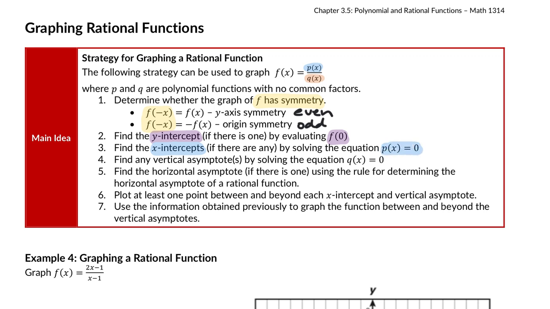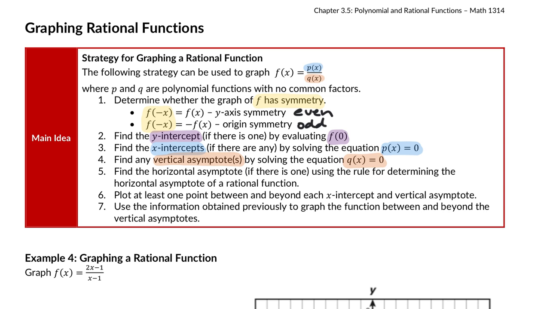Now, p of x, that's the numerator. So you're taking the numerator, setting it equal to 0, and solving for the places where the graph would cross the x-axis. You're going to look for any of the vertical asymptotes, or technically holes, by solving the equation q of x equal to 0. So that's the denominator equal to 0.